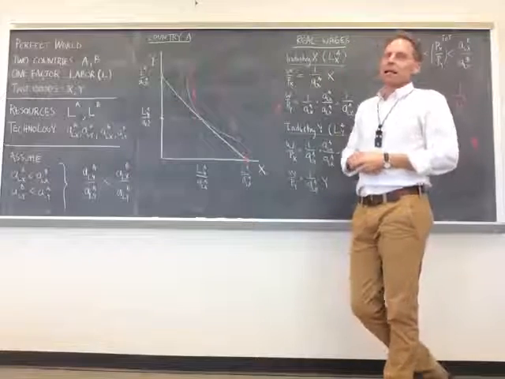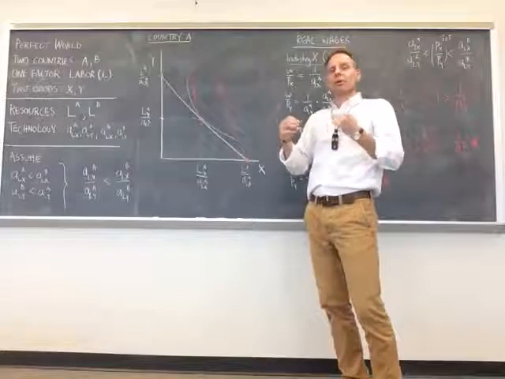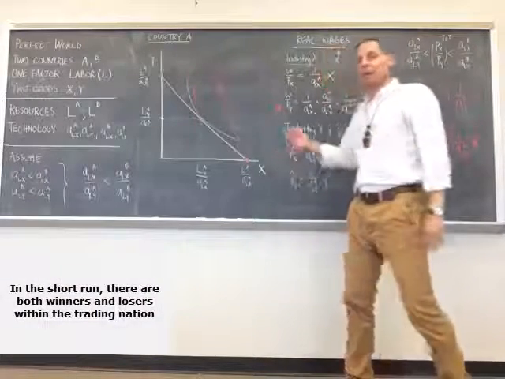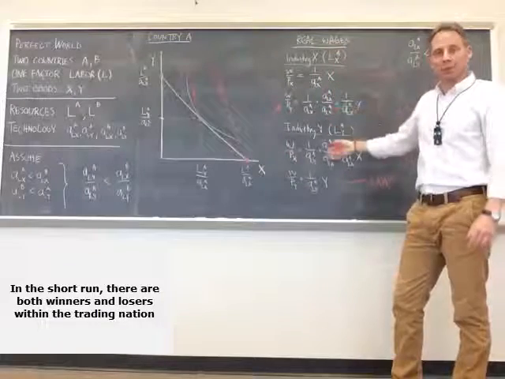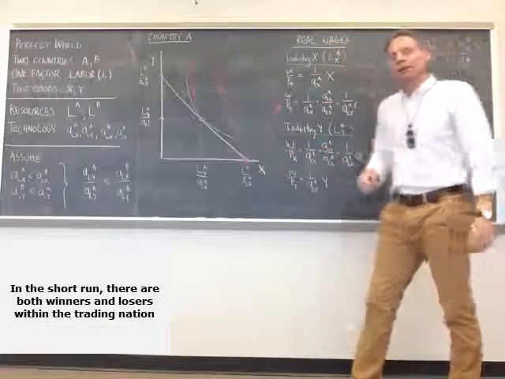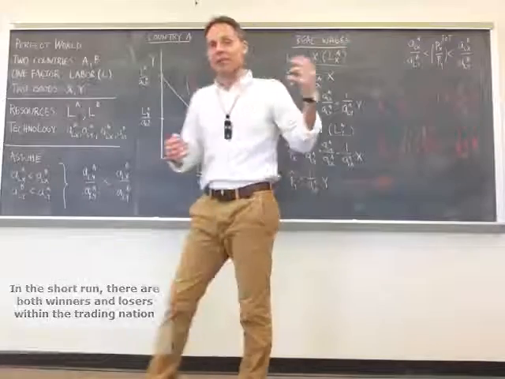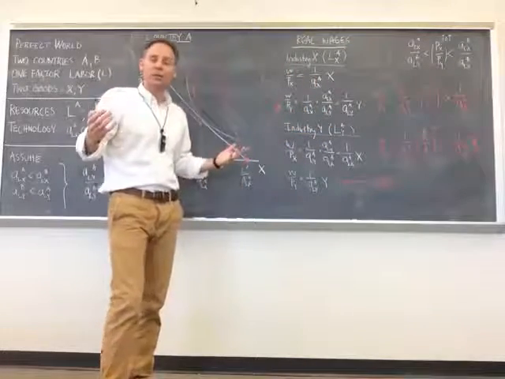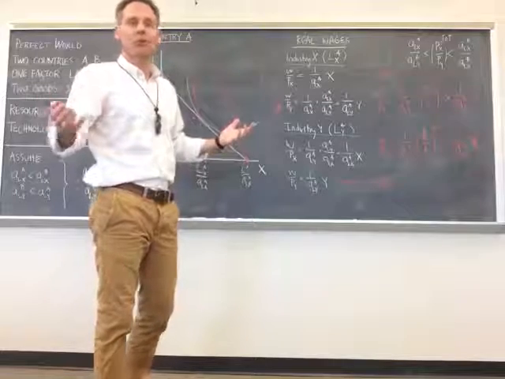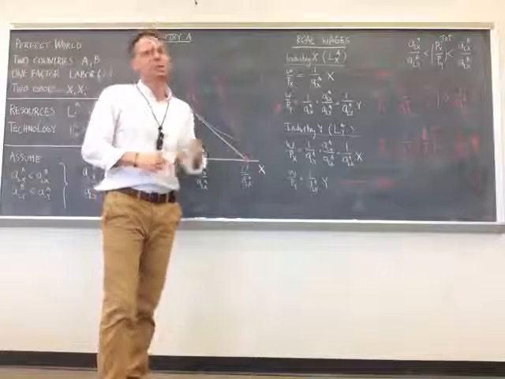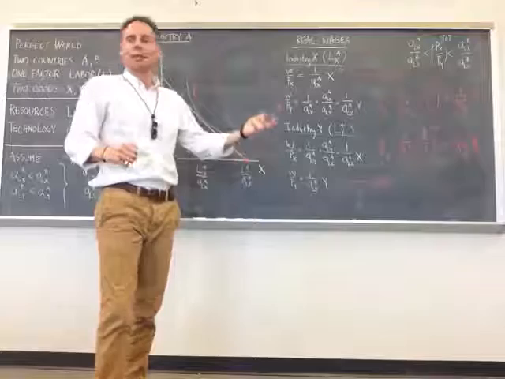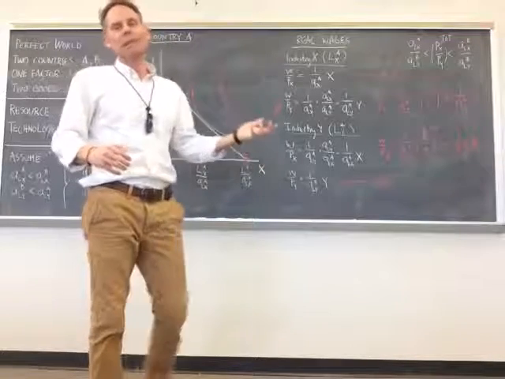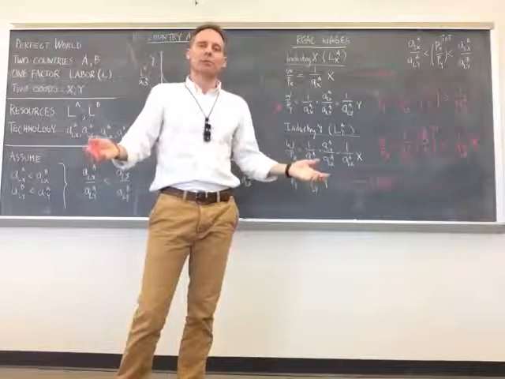However, in the short run, when at least one factor is fixed, you will have both winners and losers. So in the short run, even though the entire nation is better off, there will be one group in the country, the ones working in the export industry, that's going to benefit from trade. But there will be another group in the country, the one working in the import competing industry, that will be worse off from trade.